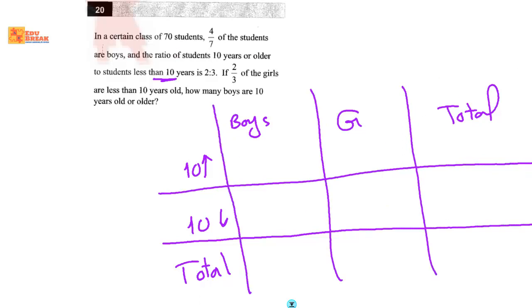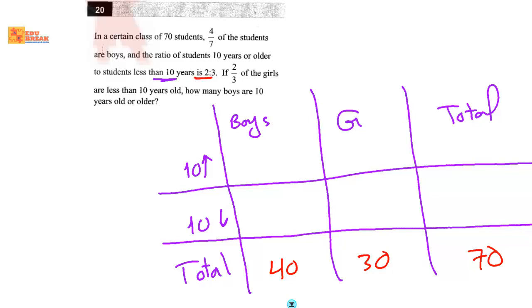Let me start. The total of them all equals 70. We have a ratio 4 over 7, so the ratio of boys to girls is 4 to 3, and their sum equals 70, so it will be 40 to 30. The ratio of students 10 years or older to students less than 10 is 2 to 3.